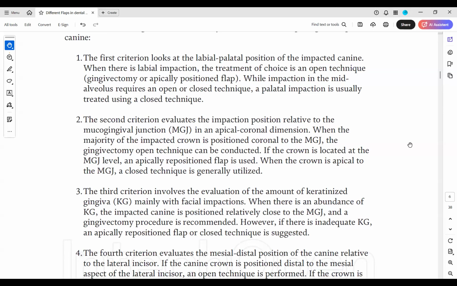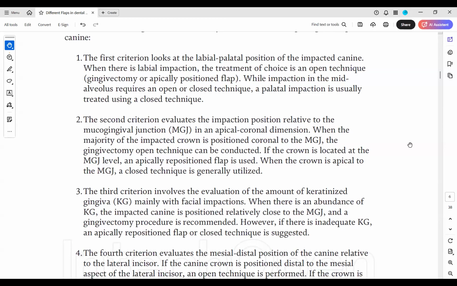Now, do you see the relevance of closed technique where you will suture it back with the flap, and do you understand why we are putting gingiva back? Because we want to preserve that gingiva. In which situations would you want to preserve that gingiva? When it is a very deeply seated canine that you cannot compromise all that mucosa and gingiva.